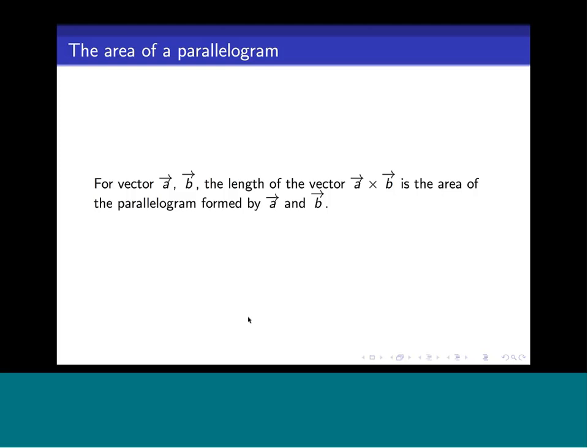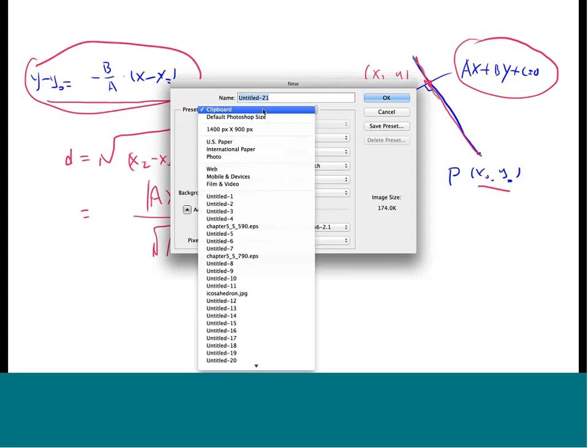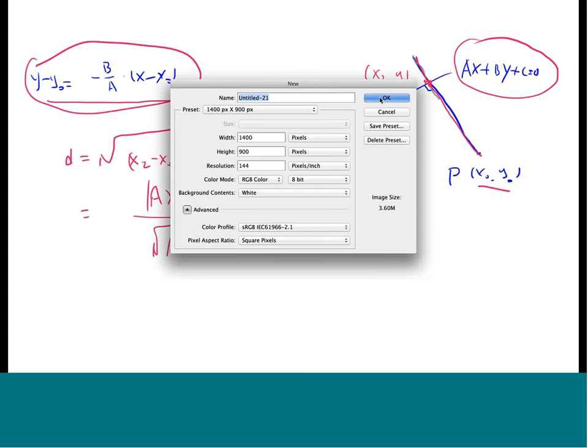But we're talking about something in 2D now, so see what happens between the 2D and the 3D. If we have two vectors A and B, to give an example, let's make this simple.